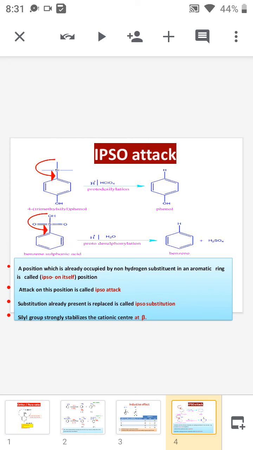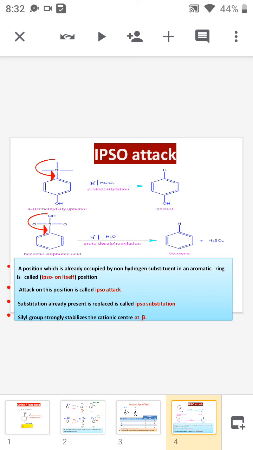And any attack on this position is called ipso attack, and the substituent which is already present in the benzene ring is replaced by the other substituent, and this type of reaction is known as ipso substitution reaction.